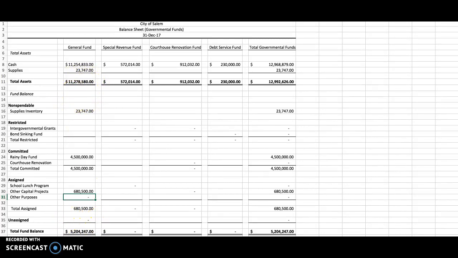We have fund balance that's only 5,204,247. Anything else needs to be put into unassigned. It's part of the general fund, but it's not assigned to any specific thing. So we'll put 5,837,533 here.